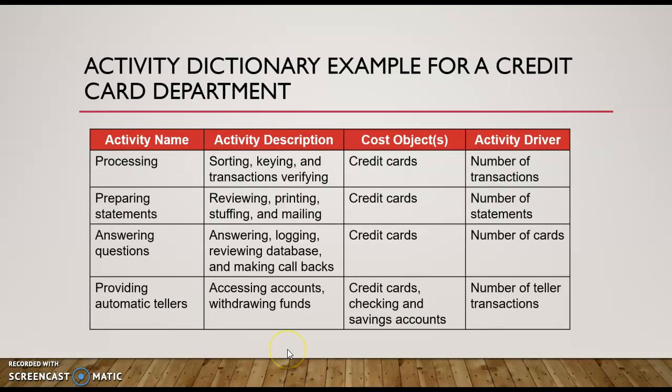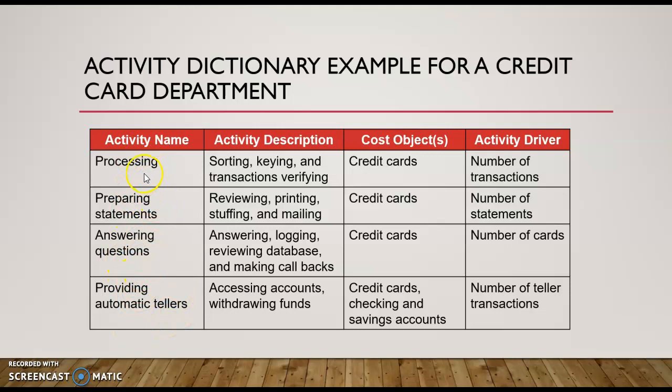This gives us another example. What if we were doing activities for a credit card department? Okay, and so first we have to figure out what activities do we have. Again, they came up with 4. There might be 3, there might be 100, whatever.